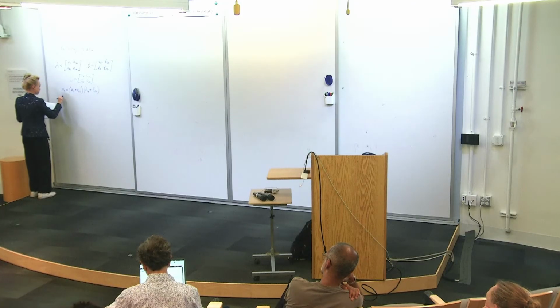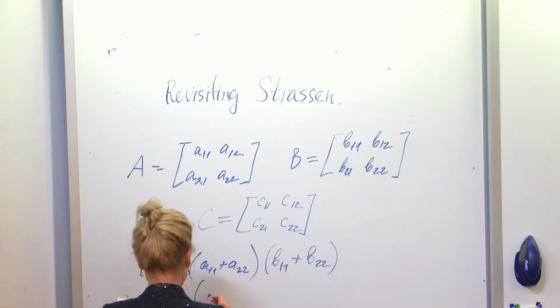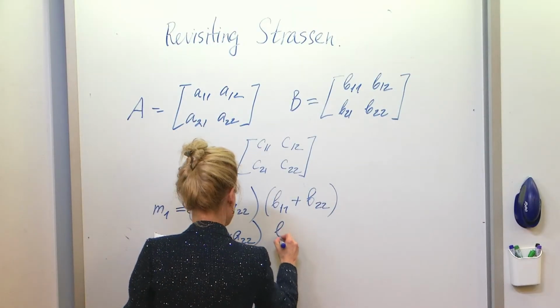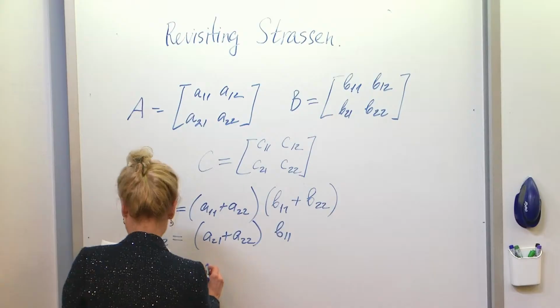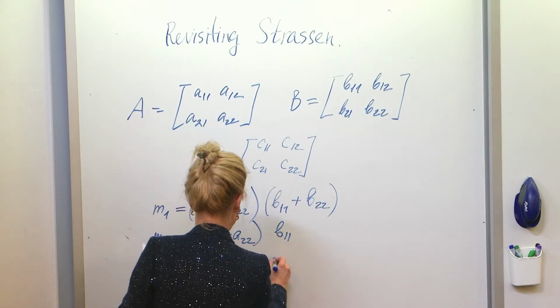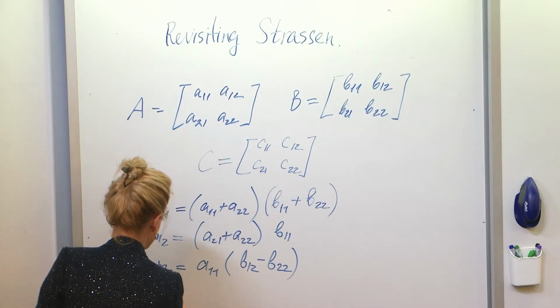So first you perform this sort of multiplication. Then this is your M1, your intermediate value M1. Then you go M2, which is going to be a variant of this. Then you go M3, well, there's 7 of them, as I promised. A11 times B12 minus B22, okay? Then you go M4.